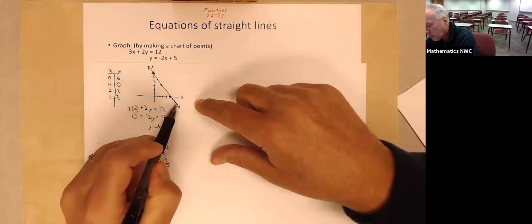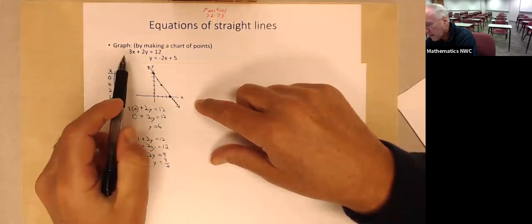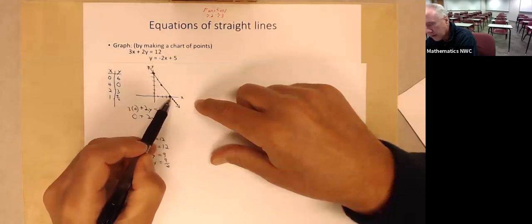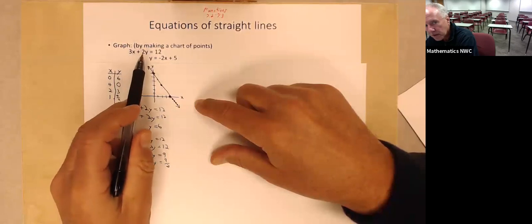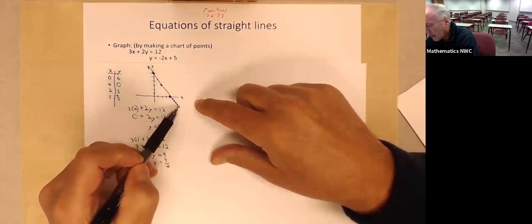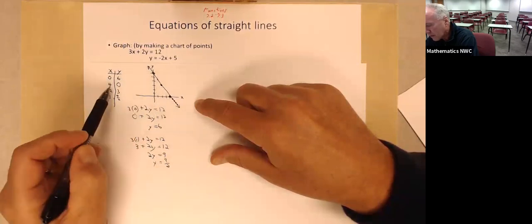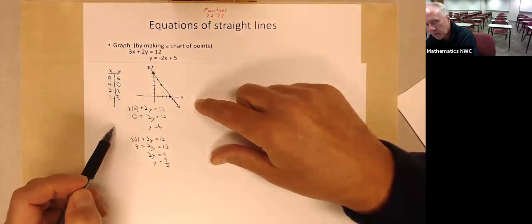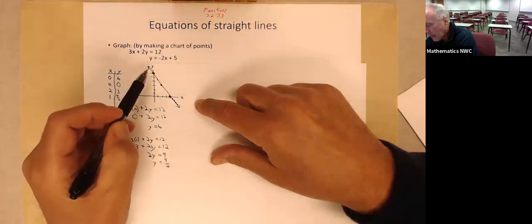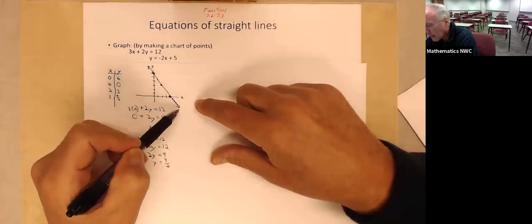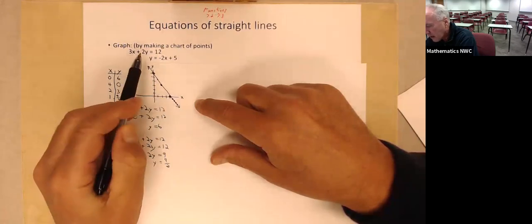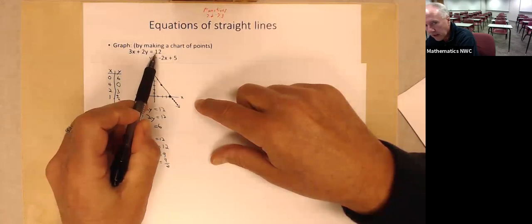Every one of those points has coordinates that make that equation true, which means every one of these points are solutions to that equation. We couldn't possibly give all of these infinite solutions in a chart like this because we would be writing that chart out forever. But what we can do is just graph the line, which basically covers all the points that are, in fact, solutions to that equation.